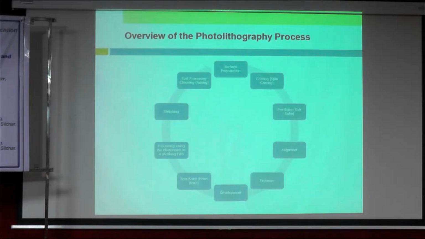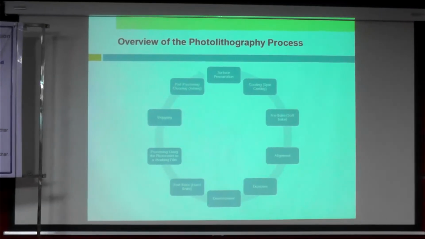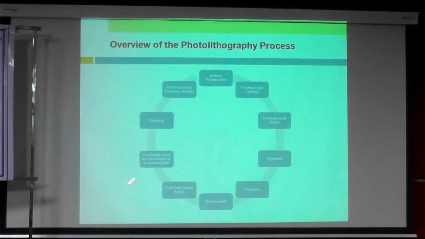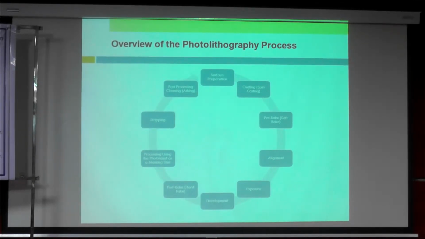So first you transfer the pattern using a mask on a glass substrate. Then now your photoresist acts as a mask for the structure that you're going to develop on your substrate. So that is processing.